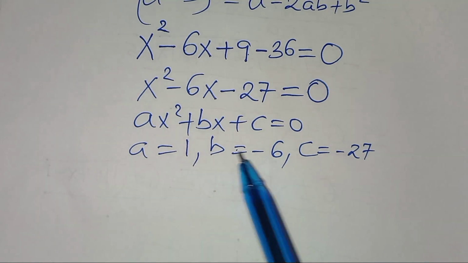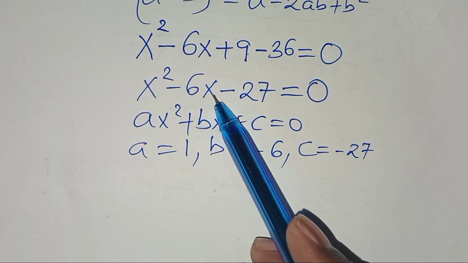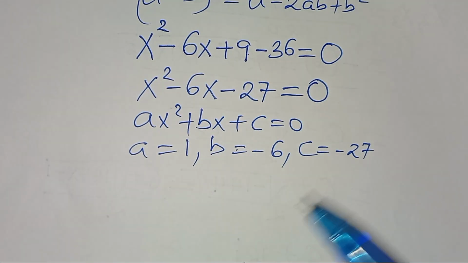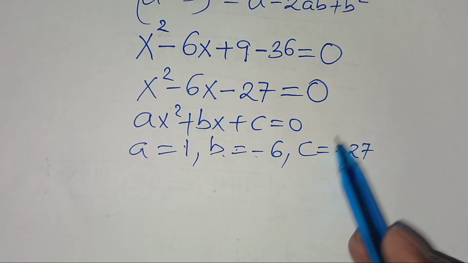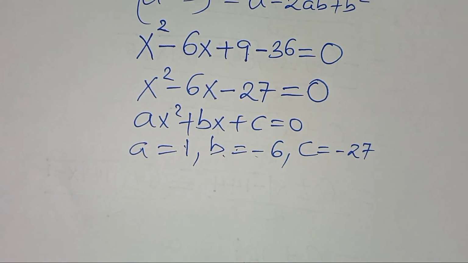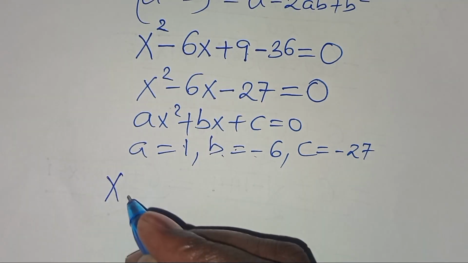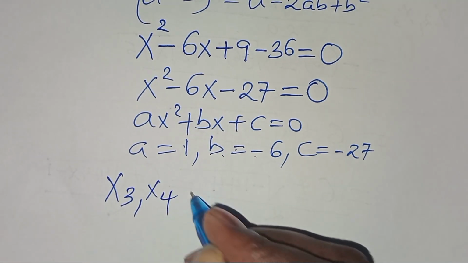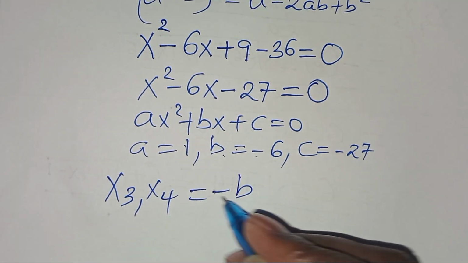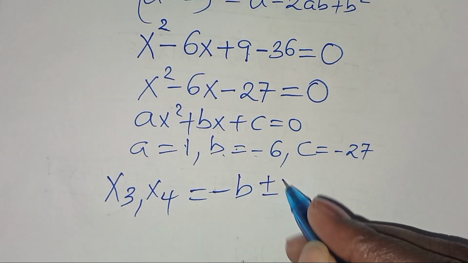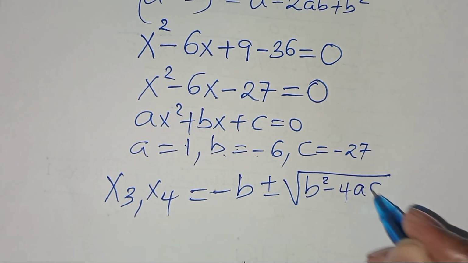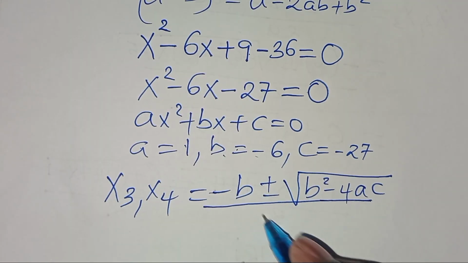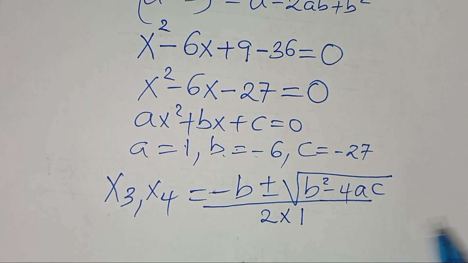Now here we have the quadratic equation, which is x squared minus 6x minus 27, and we have a is equal to 1, b is equal to negative 6, and c is equal to negative 27. So now, solving for x3 and x4 in this case, let's apply the quadratic formula: negative b plus or minus the square root of b squared minus 4ac, all this divided by 2 times 1.